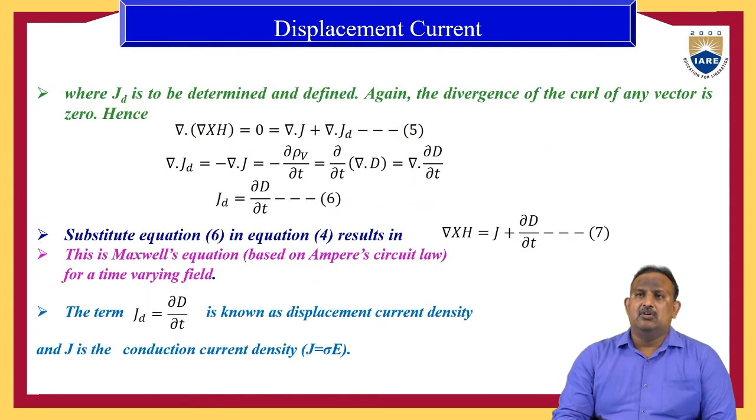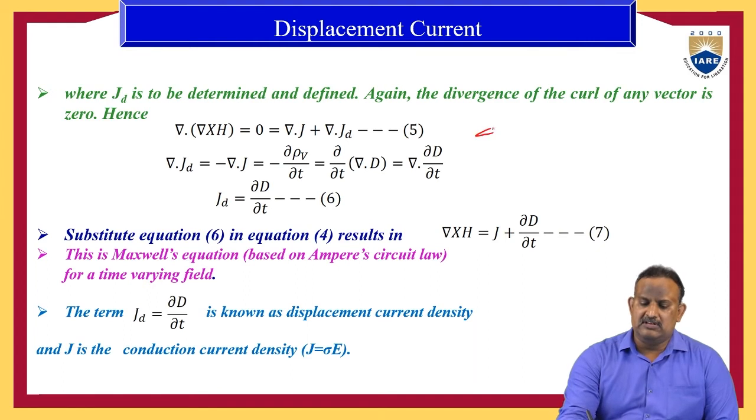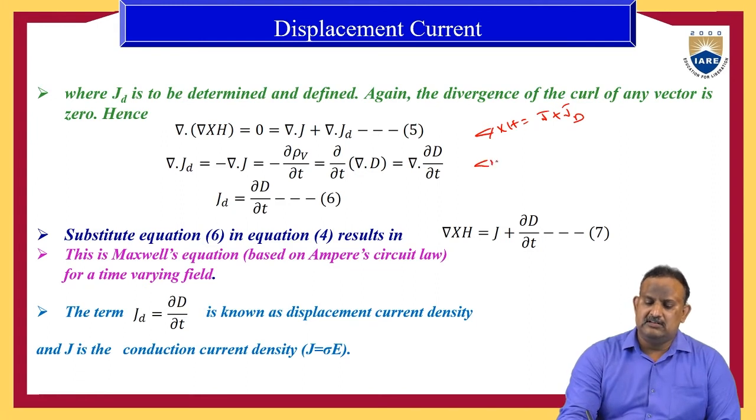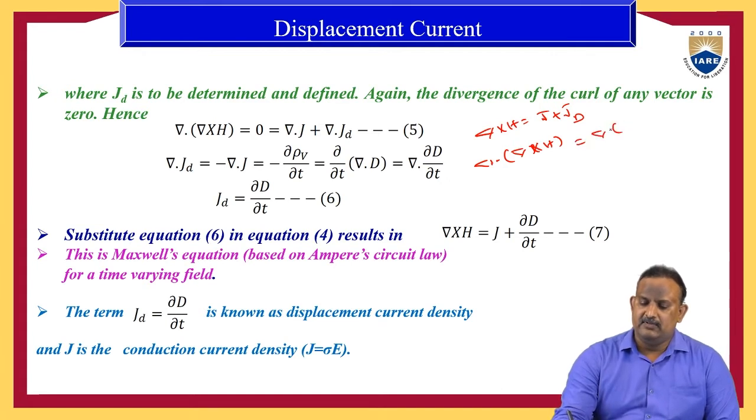Now again apply divergence on both sides of the equation del cross H equal to J plus JD. We get del dot del cross H equal to del dot J plus del dot JD.